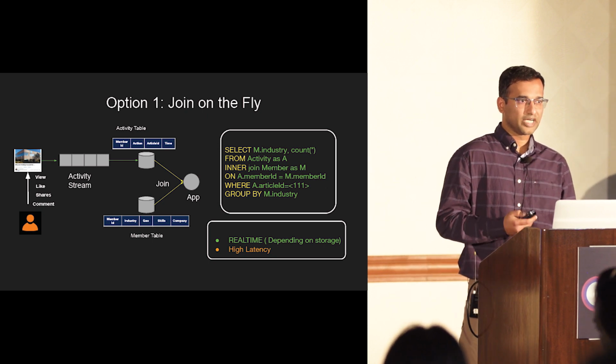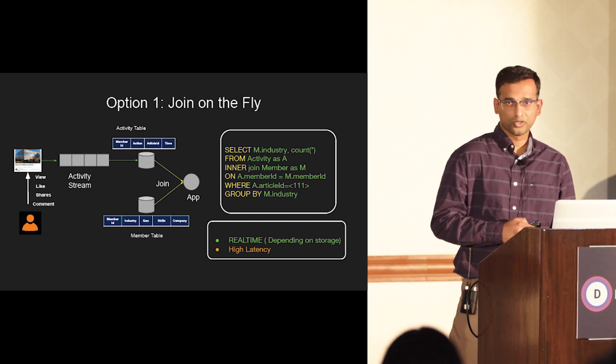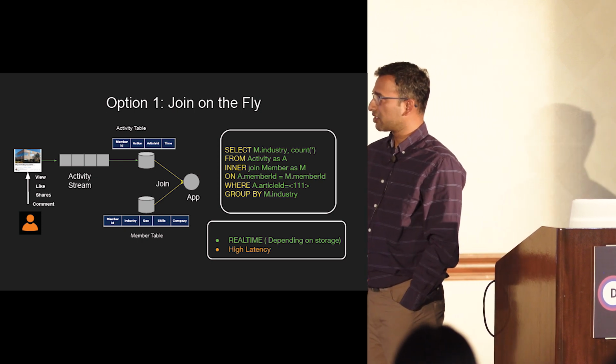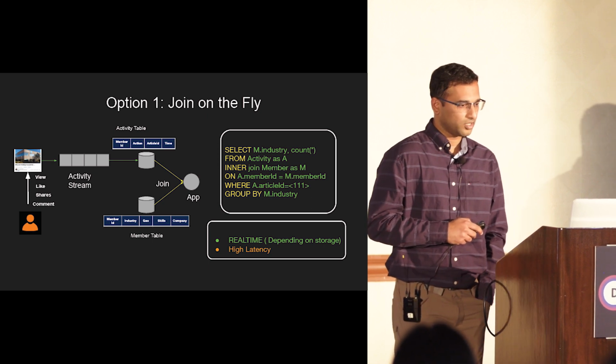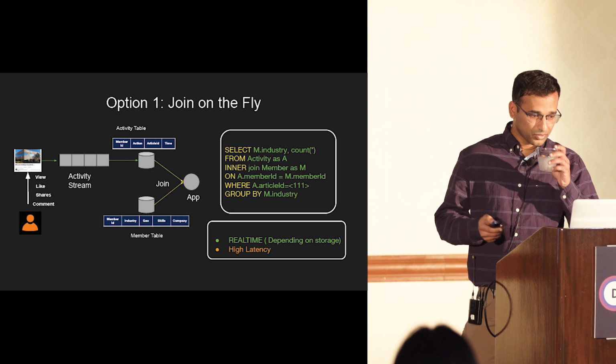So the traditional approach of solving this is you take this data, put it into a database. You might have something like a member ID, action, and article ID. So it's like, what kind of action did he perform on this article? So you have the member ID, and you also have the time.